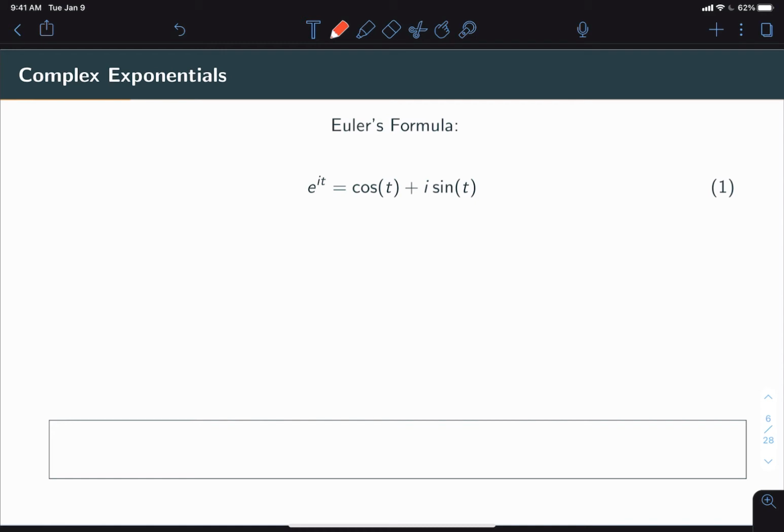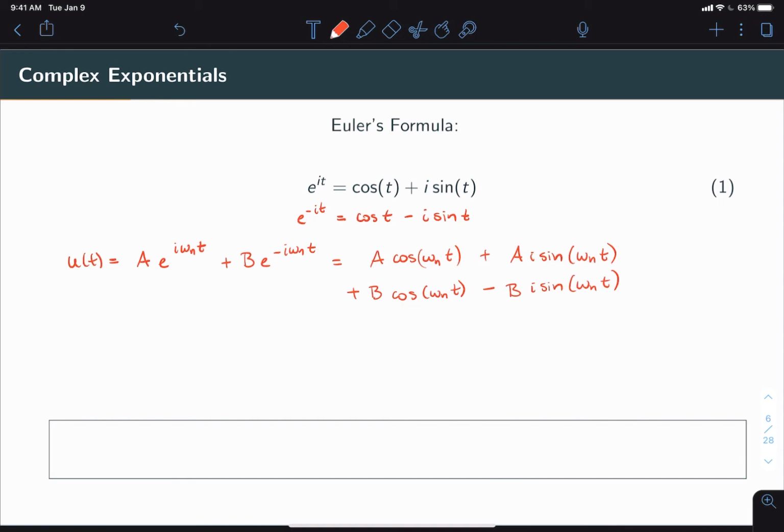So e to the i t is equal to cosine t plus i times sine t. Therefore, e to the negative i t will be equal to cosine of t minus i sine of t. So using these two formulas, we can rewrite our general solution as follows.